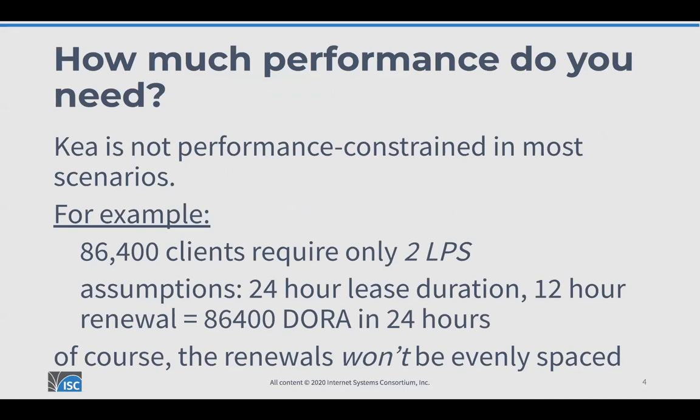In the little example we have here, if you had 86,400 clients, in very general terms, this could require an environment that would support 2 leases per second. So in general, for most DHCP deployments, very low performance is required.